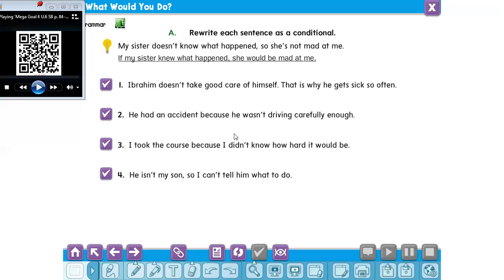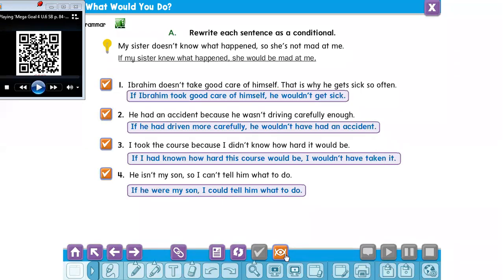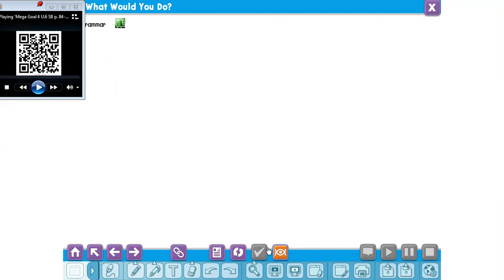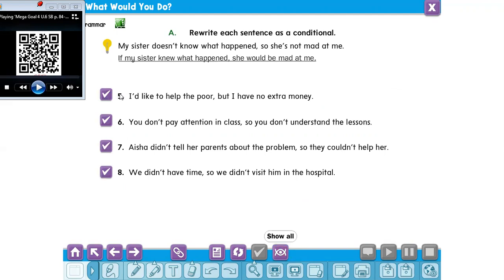Okay, now I will show you the answers for each sentence, and I want you to check your answers on your student book for this exercise. As you see, these are the answers from number one to number four. Now I will show you the other answers, from number 5 to number 8.